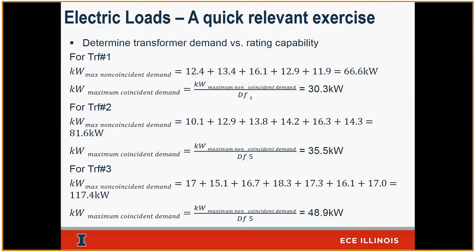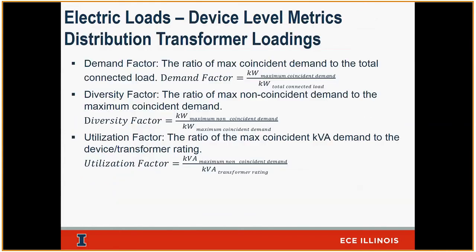Basically, I can calculate the non-coincident demand for those. Non-coincident demand is the peaks, all right? What are the maximum demands of each one of these transformers, found by just summing up the individual customers. So for the first one, I just summed it up, 66 kW. But to get the coincident demand, all I have to do is divide that by my demand factor, and I get that.